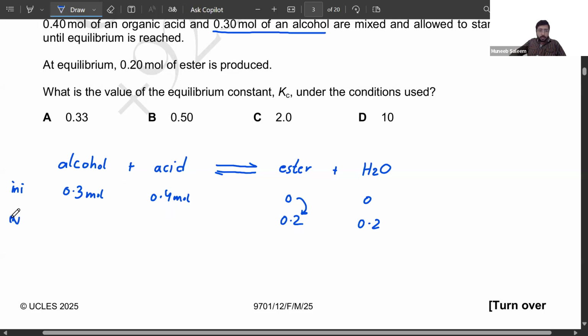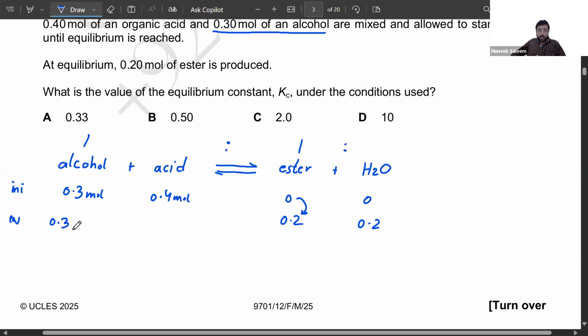And at that time, the amount of the alcohol should be subtracted by the same value as one ester or one water, because we are basically taking the mole ratios. According to here, the mole ratio of alcohol to ester or alcohol to water is 1:1.